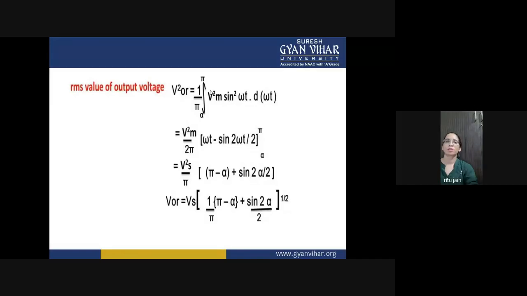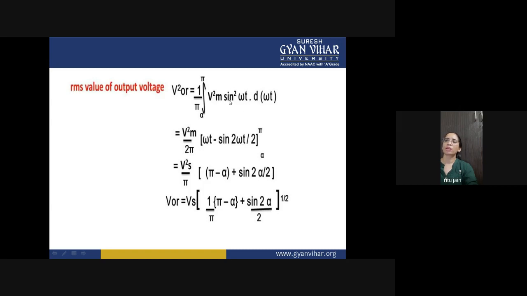Where Vm is the maximum value of the voltage, by integrating this equation you can easily get the RMS value of your output voltage. So V square m upon 2 pi of omega t minus sine 2 omega t upon 2, if you integrate this equation.